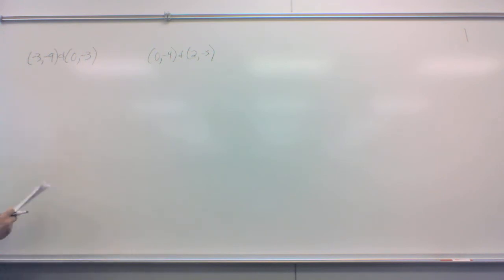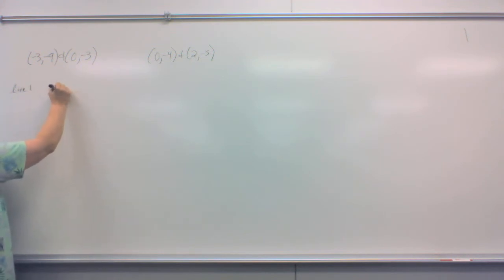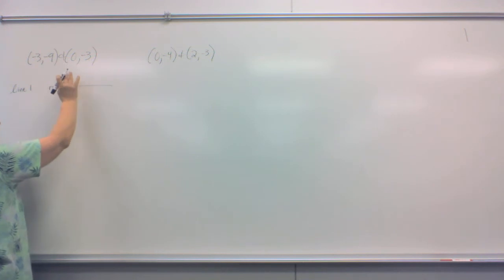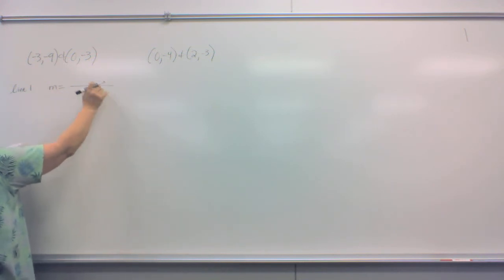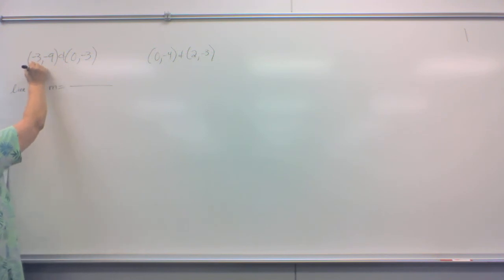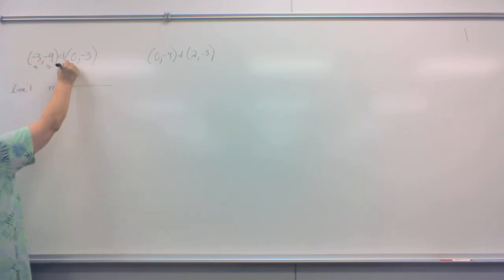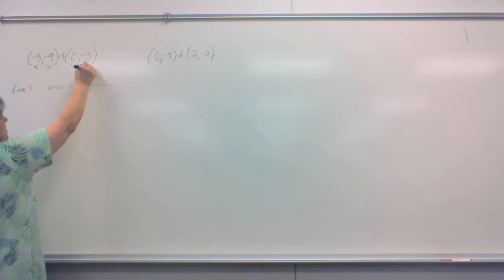Let's find the slope of my first line. So this one is line 1. And the slope is going to equal, remember, y sub 2 minus y sub 1 over x sub 2 minus x sub 1. So we're going to have x sub 1, y sub 1, x sub 2, y sub 2.